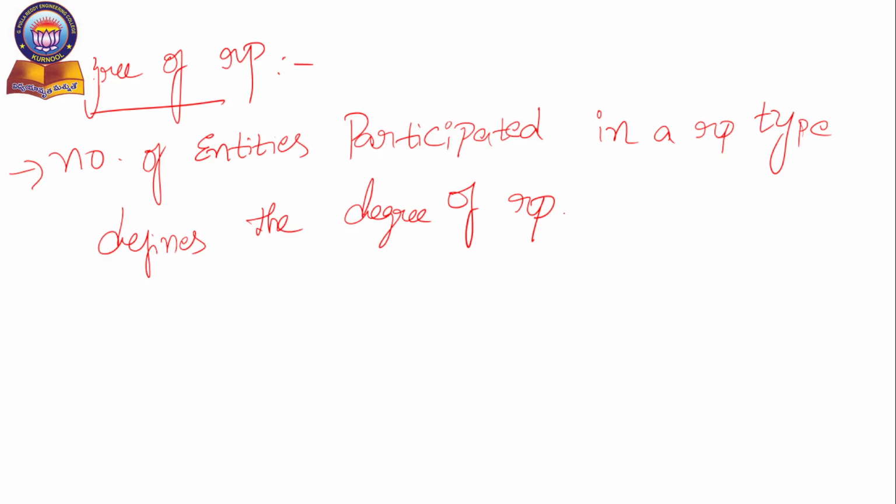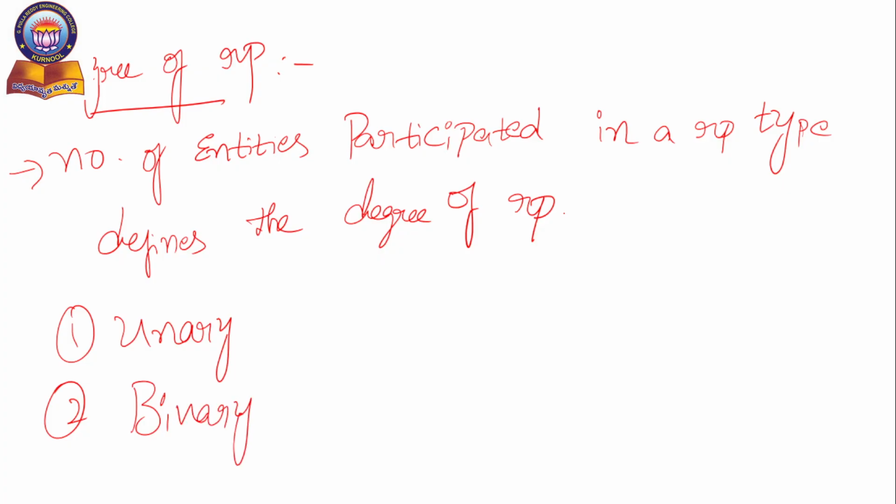There are three types of relationships. First one is the unary relationship, second one is the binary relationship, and third one is the ternary relationship.